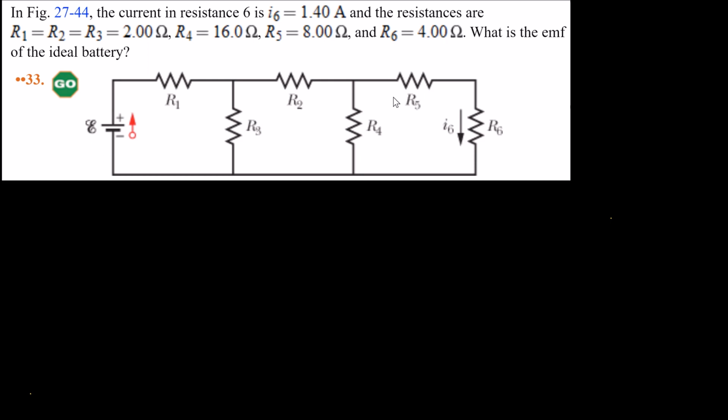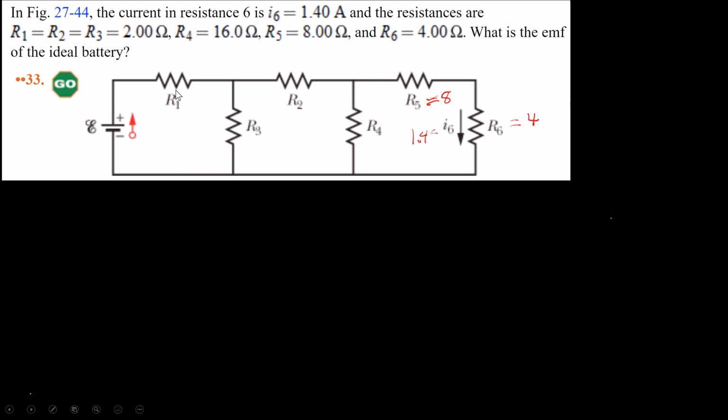So let's see, what can you say about the voltage here? If you have the current and you know the resistance, what is the voltage across this R5 and R6? In order to find the EMF of the battery, you need to know the currents through these resistors, because if you apply the loop rule, you get E minus IR equal to 0.